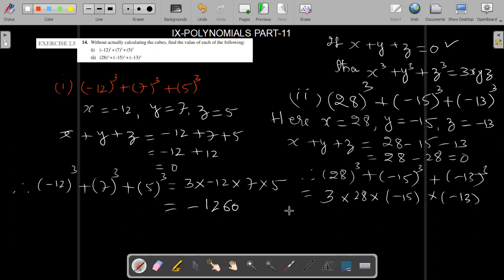So two minus signs will come, and it will become plus. So multiply 3 into 28 into 15 into 13. So plus 16,380 will be your answer. Okay, got it?